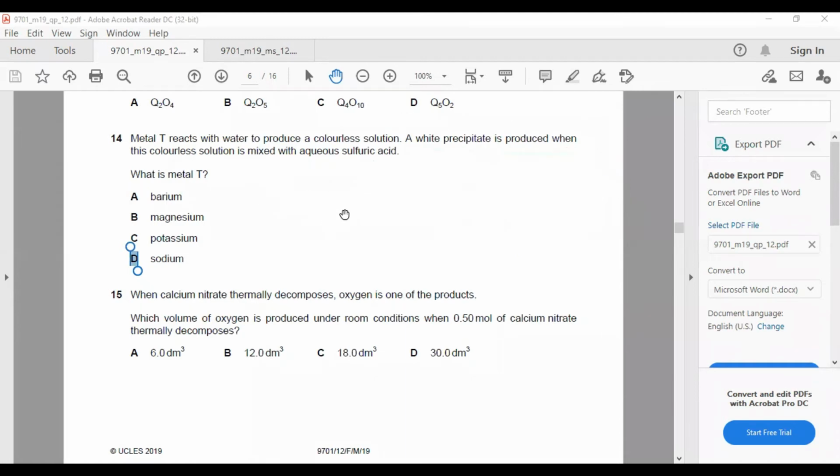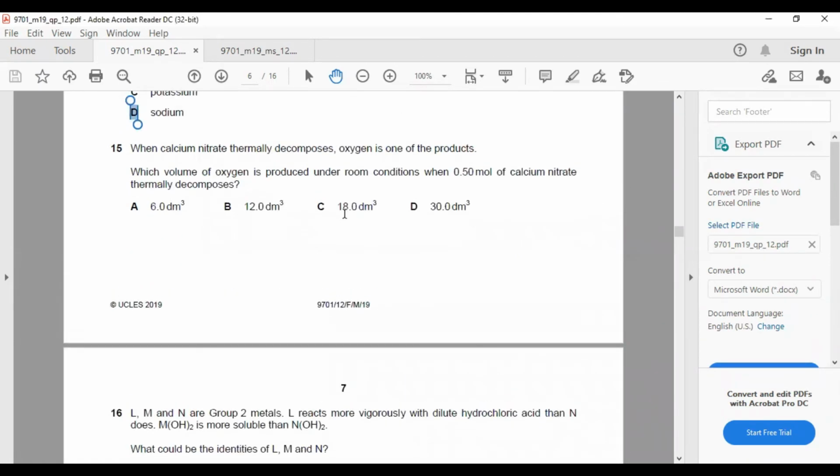Number 15. When calcium nitrate is heated thermally, this is a very frequently asked question in group 2. Which volume of oxygen is produced when 0.5 mole of calcium nitrate thermally decomposes?